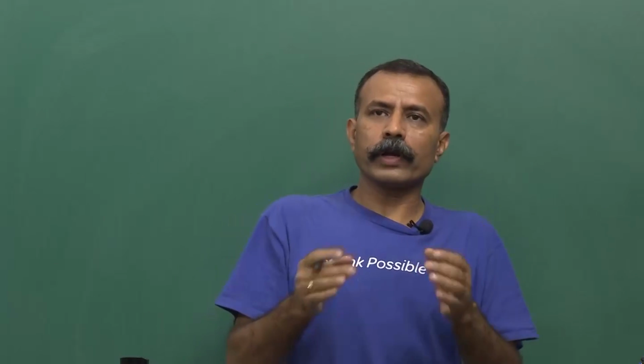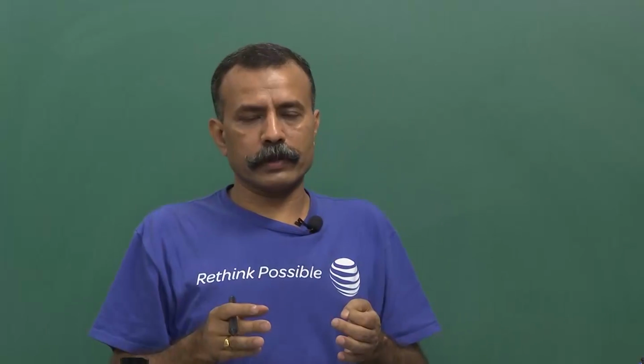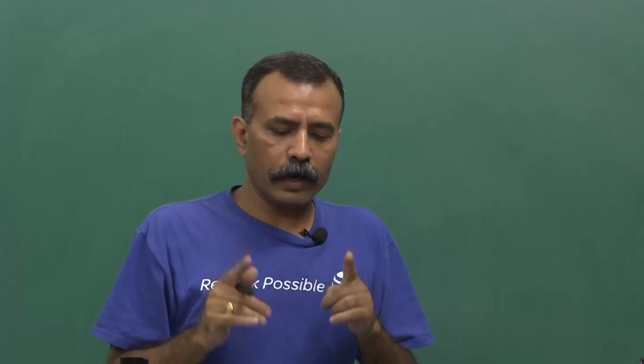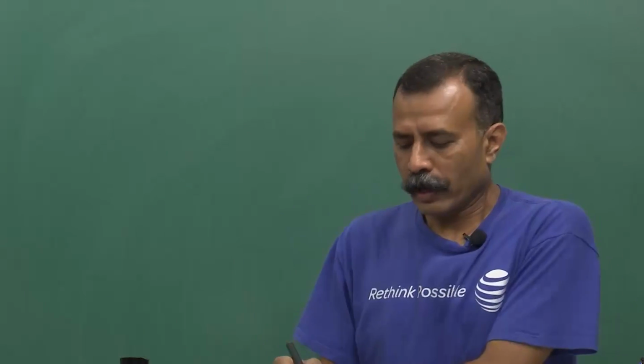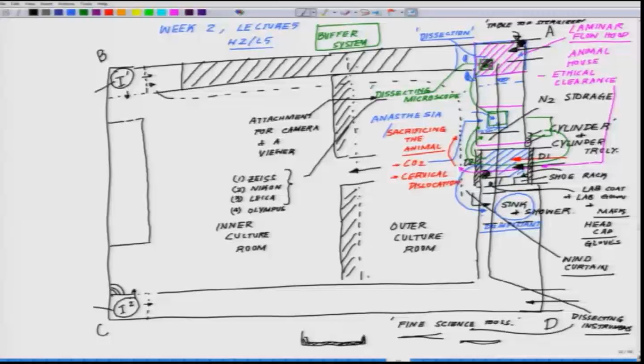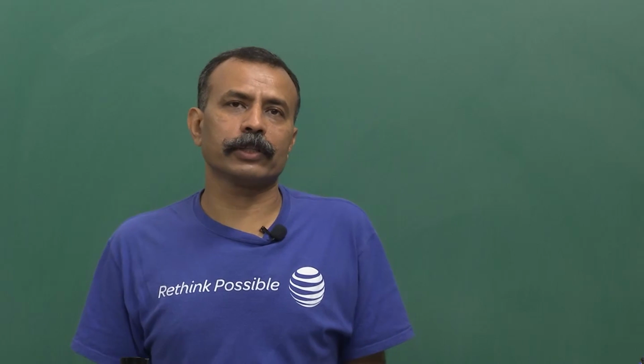Before you use the dissecting box, what do you do? You sterilize it. So, you have to have one more thing, an autoclave somewhere out here. Now, this autoclave can be outside the lab also. An autoclave is something like a pressure cooker, where at high moisture and high pressure you sterilize anything.